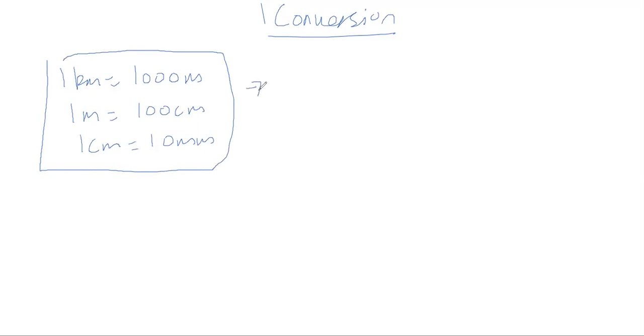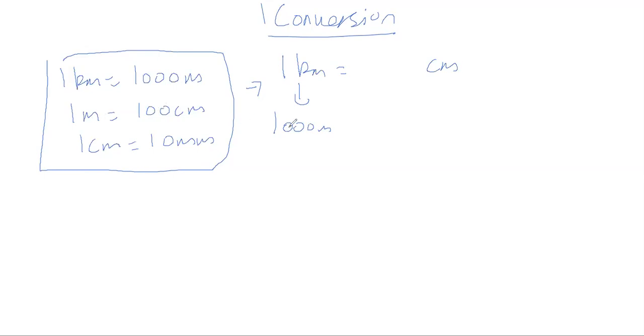The next step is let's try to say 1 kilometer is equal to how many centimeters. We want to find how many centimeters are in 1 kilometer. So first you need to convert kilometer into meters. 1 kilometer, as you know, is 1,000 meters. Now you know that in 1 meter there are 100 centimeters.